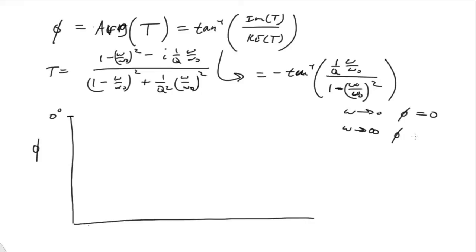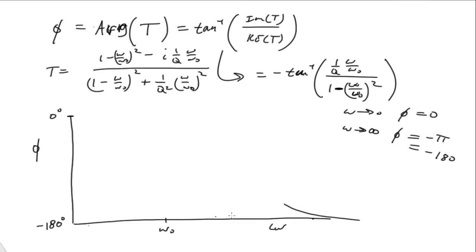So it turns out that phi is actually going to negative pi, and that's because this is negative down there. Of course, that's equal to negative 180 degrees. So we're going all the way down to negative 180 degrees for omega going really big.